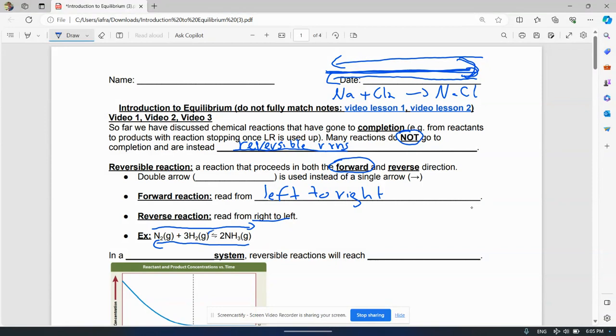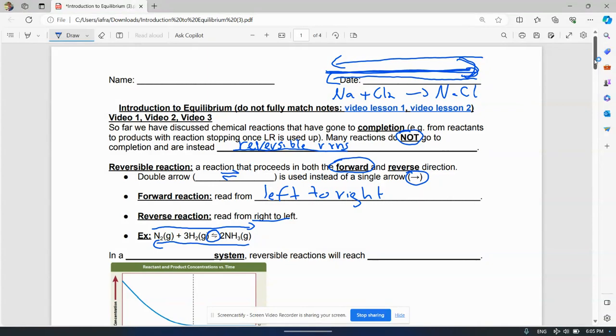And to represent that, we use the double arrow system, the double arrow. So completion would be a single arrow like you're used to using. And a lot of the reactions that you've studied, they might have gone to completion, but for the most part, they exist in this double arrow system, this reversible reaction system. So to truly represent them, you have to have a double arrow, one arrow pointing towards the right side, one arrow pointing towards the left side.